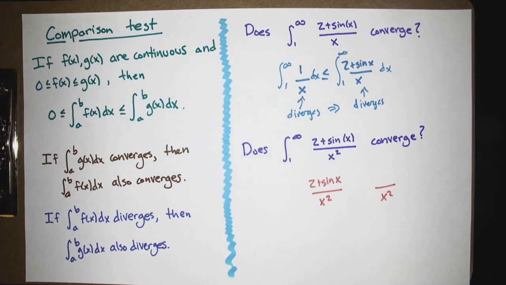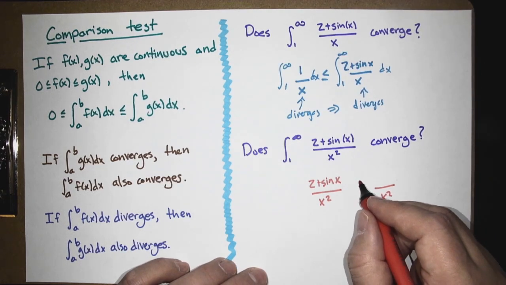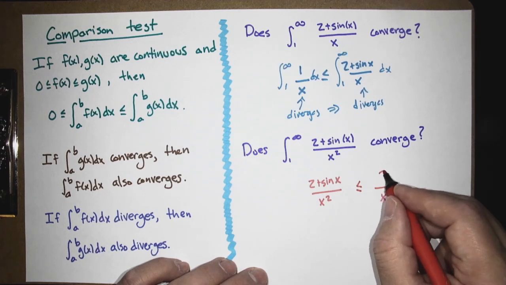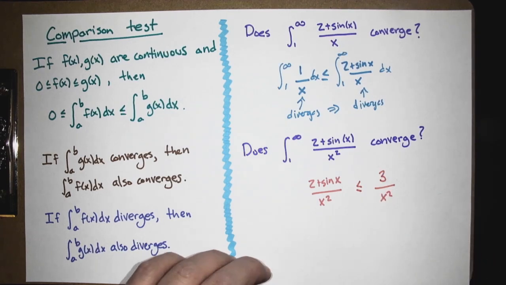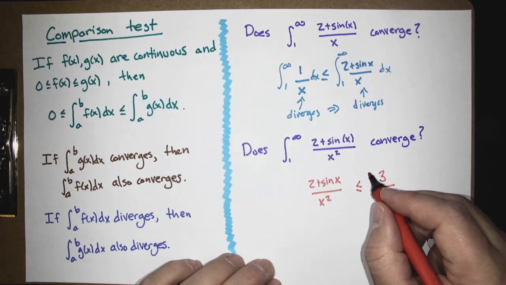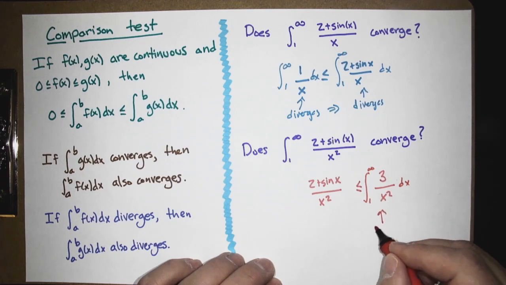What's true about 2 plus sine x? How big can it get? 3. Because sine x can get at most 1, the 2 plus sine x can get at most 3. So this integral converges.